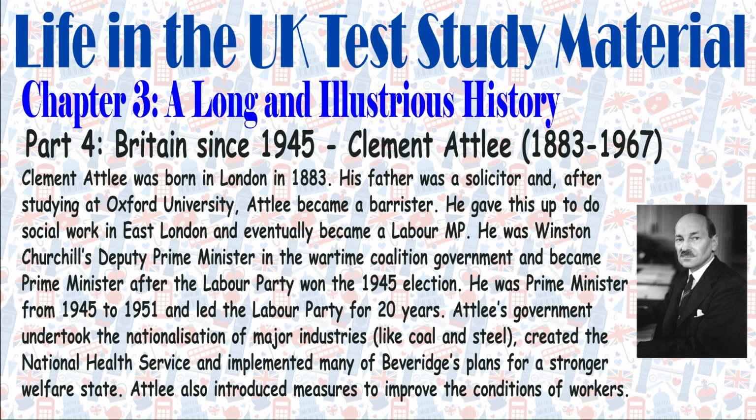He was prime minister from 1945 to 1951 and led the Labour Party for 20 years. Attlee's government undertook the nationalisation of major industries, like coal and steel, created the National Health Service and implemented many of Beveridge's plans for a stronger welfare state. Attlee also introduced measures to improve the conditions of workers.